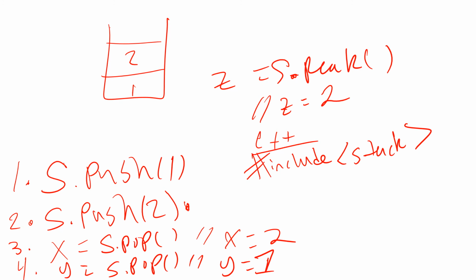They call it top, but that's peek, which is what I call peek. They also have an empty. You can ask, is this stack empty? For example, if you called s.empty, it would return, in this case, false, because it's not empty. But if the stack looked like this and you called s.empty, it would be true. Not that hard to understand.